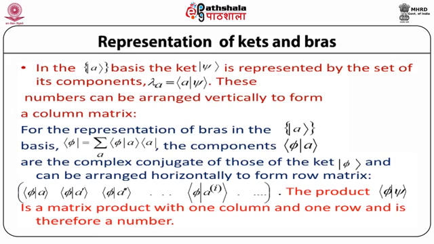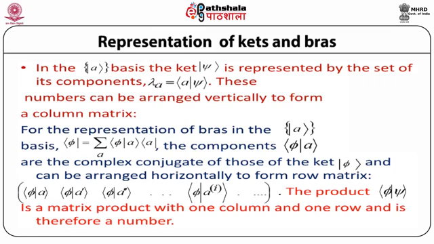Similarly, for the representation of the bras in the |A⟩ basis, we can write ⟨φ| = Σ_A ⟨φ|A⟩⟨A|, and the components ⟨φ|A⟩ are the complex conjugate of those of the ket vector |φ⟩ and can be arranged horizontally to form the row matrix, which is given as ⟨φ|A⟩, ⟨φ|A'⟩, ⟨φ|A''⟩, and so on, and ⟨φ|A_i⟩.